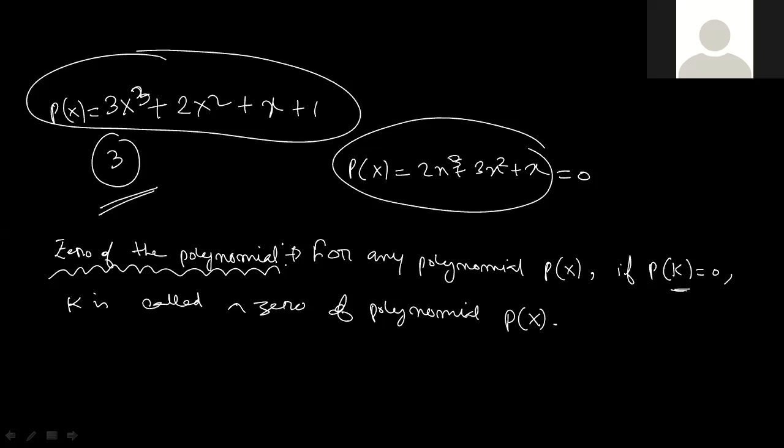So this is the 0 of the polynomial. Next, write down types of the polynomial. You have already got types of the polynomial in class 9.